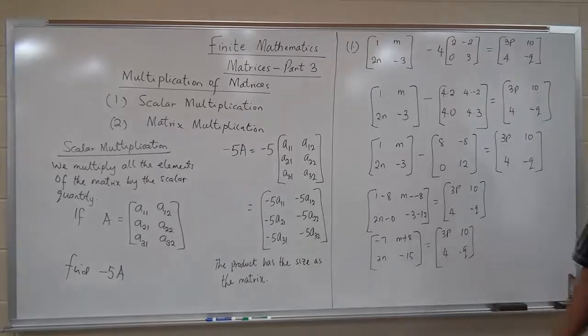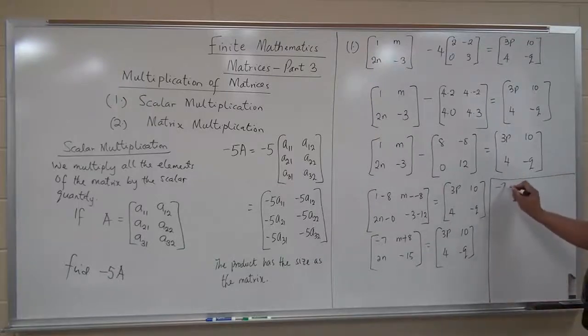We can now do equality of matrices. Negative 7 is equal to 3p, so p will be negative 7 over 3.